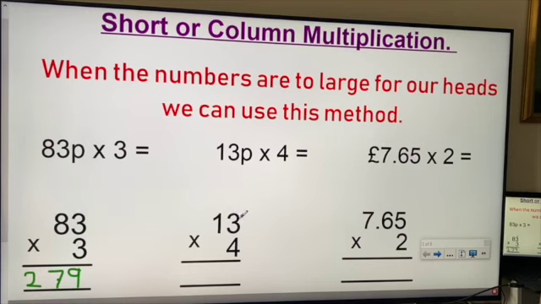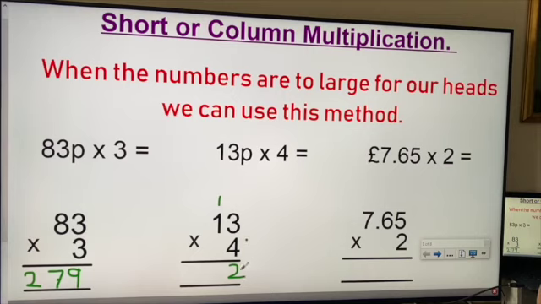13 times 4. 4 3s are 12. Now I have to carry over the 1 from the 12. So, as you probably know, the 1 goes here, the 1 from the 12, and the 2 goes here. Because 12 is made up of 1 ten and 2 ones.